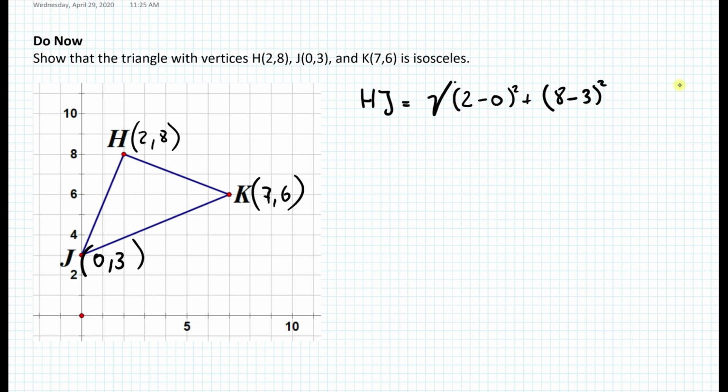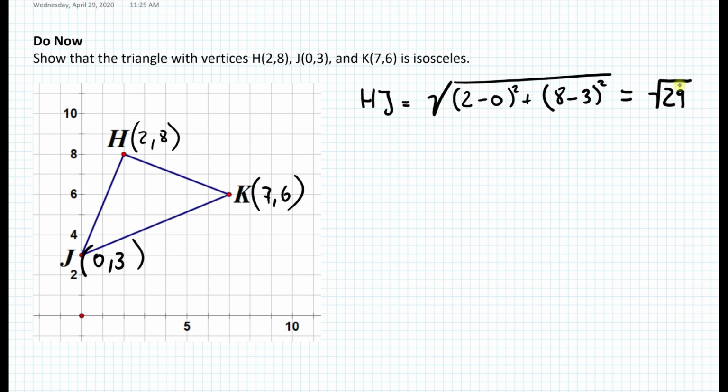And then we'll take the square root of all of this, and we should get a value of square root of 29, okay? Because here we have 4, and this is going to be 25. 25 plus 4 is 29. Okay, so we got the square root of 29.